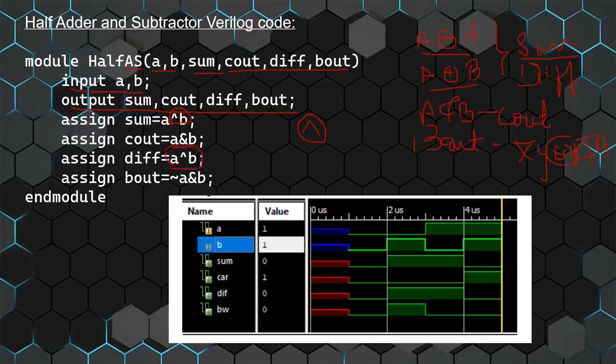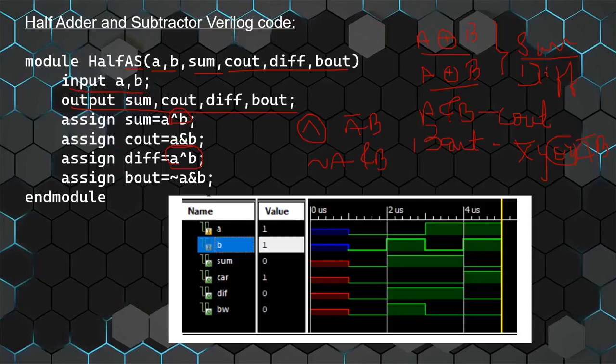Then assign borrow out is not A, or complement A bar, and B, right? So not A and B. Then end module. So give the values to your inputs. Here they have given A as 1, B as 1, and we got sum 0, carry out 1, difference 0, borrow out 0.